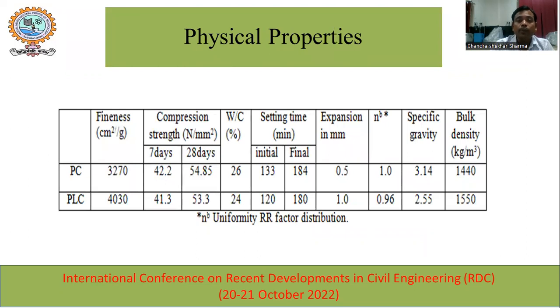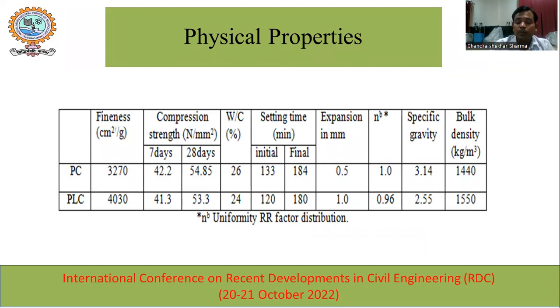Here are the physical properties of PC and PLC, like compressive strength at 7 days and 28 days, water cement ratio, setting time, initial and final, expansion, particle size distribution, specific gravity, and bulk density.